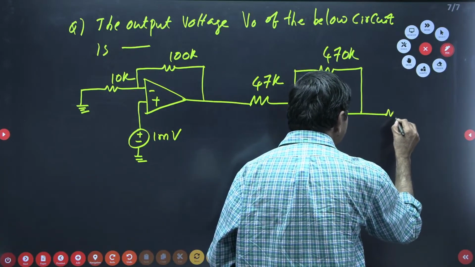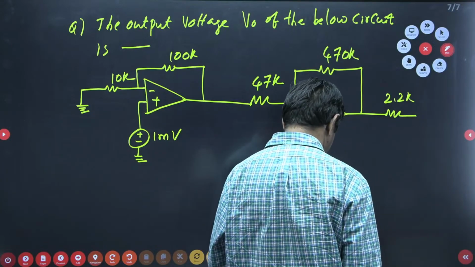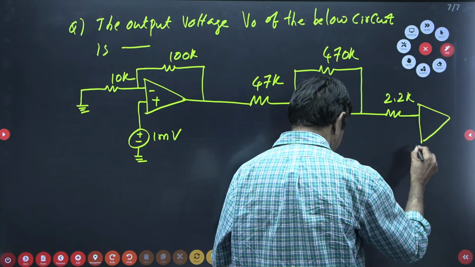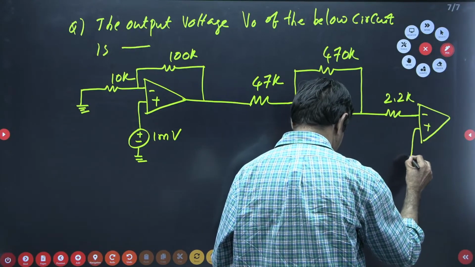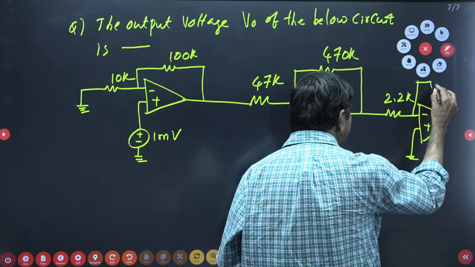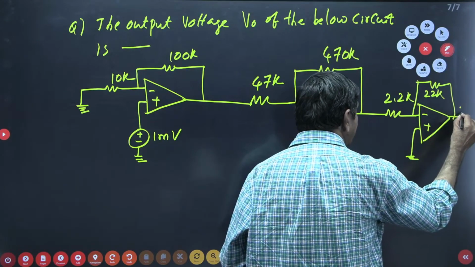A 2.2K resistor is connected here, and there is an op amp. This is a minus, this is a plus. This is connected to the ground. 22K is connected here. This is 22K. This is V0.